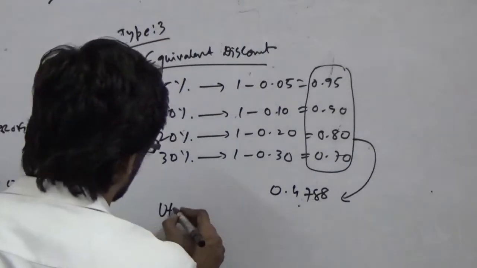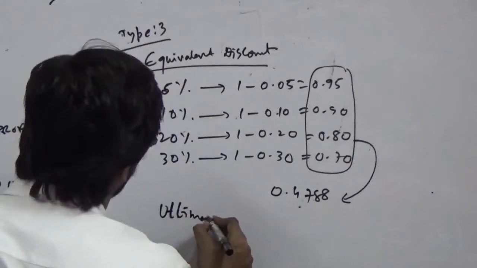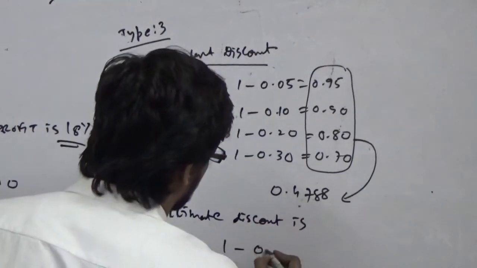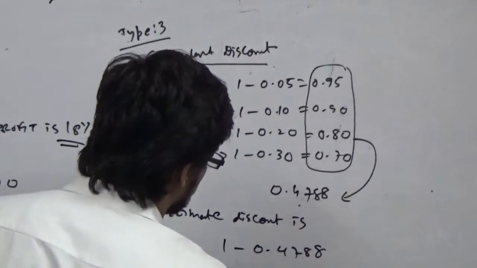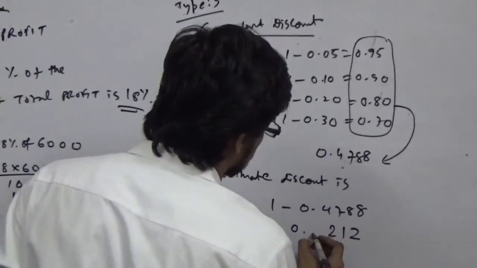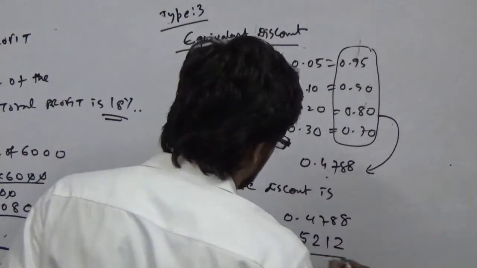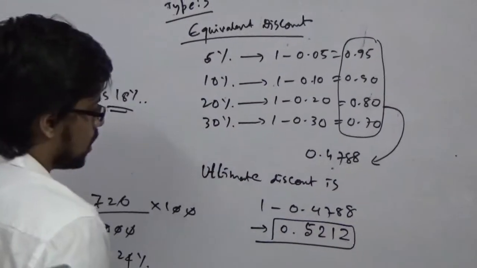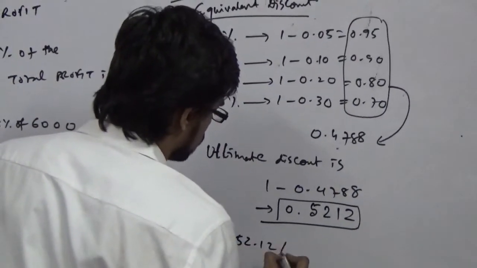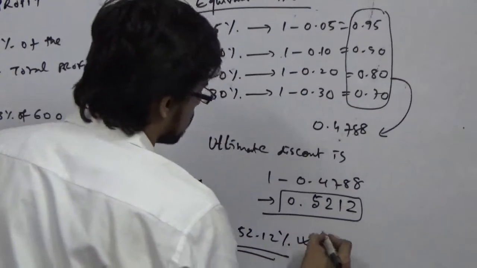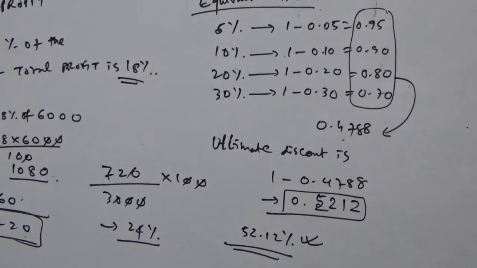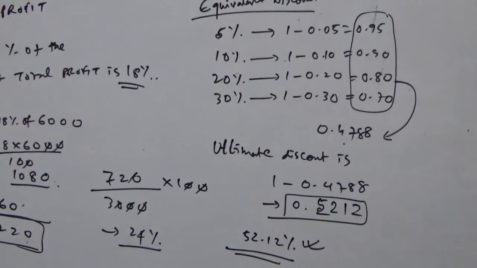The ultimate discount is 1 minus 0.4788, which gives 0.5212. So the ultimate discount is 52.12%. Whatever comes, you just move the decimal place two places further.